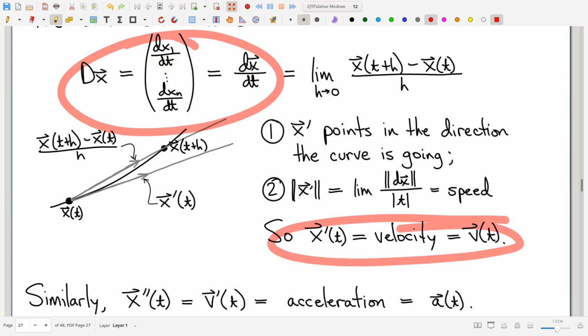And I've been exerting a lot of self-control over the past week or so, trying not to say velocity when I write the derivative. But now that we've established that the derivative of a parametric curve is the velocity, now I can say velocity when I write derivative. Does that make sense to everybody?